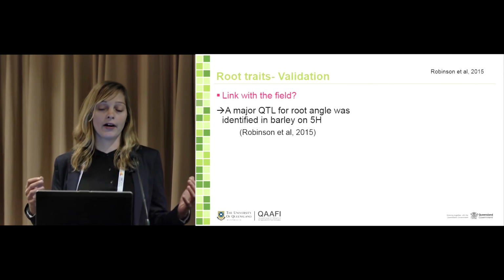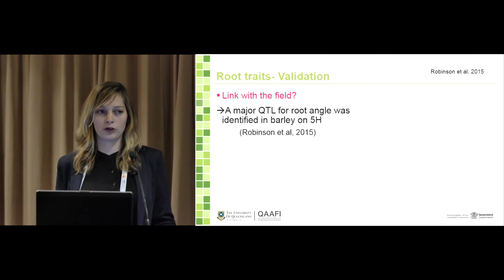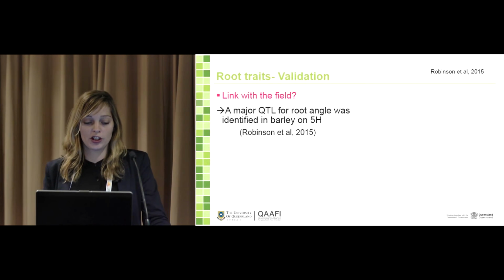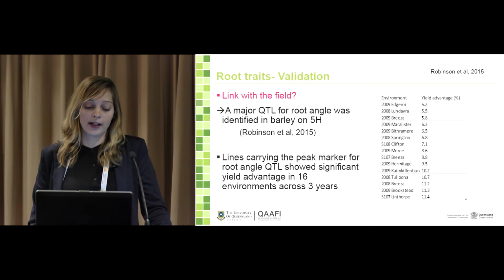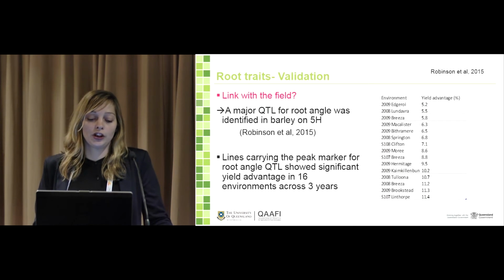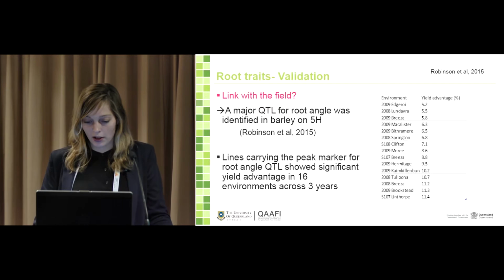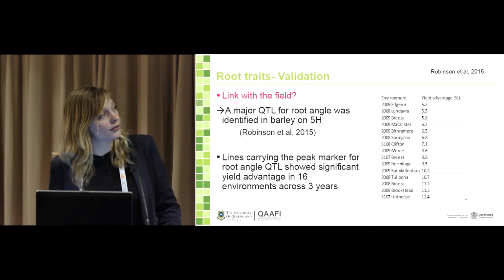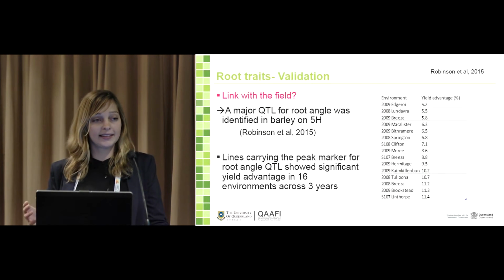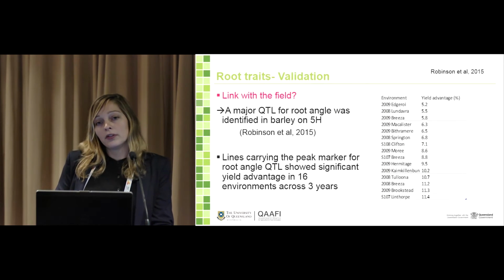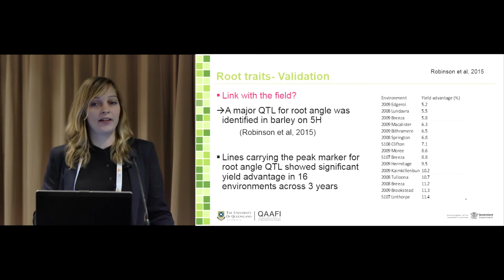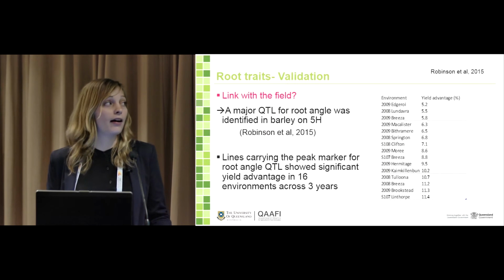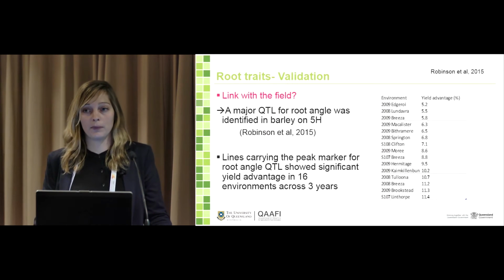She compared the yield across 20 environments, and she showed that the lines carrying the peak marker for the root angle QTL showed a significant yield advantage from 5 to 11, as you can see in the table, in 16 environments and across 3 years. It doesn't prove that there is a link between angle and final yield, but it's very exciting and very promising.